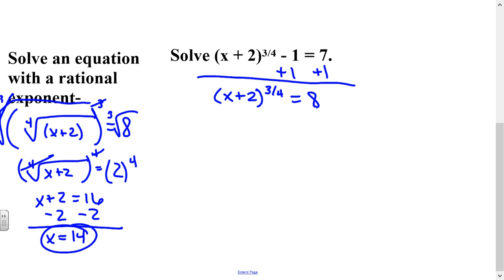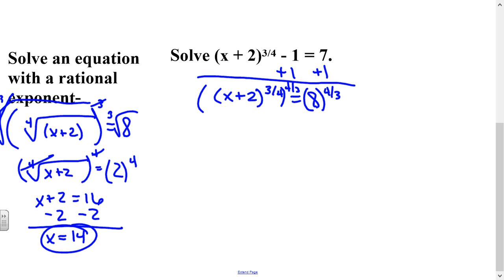Now, an easier way, that has a little bit less writing, would be to take the reciprocal power of this. So the reciprocal of 3/4 would be 4/3. So if I raise both sides to the 4/3 power, okay, normally what I would do in this case is I would multiply these exponents.